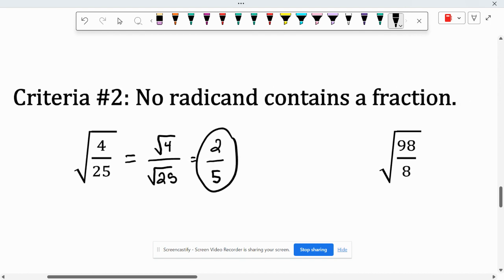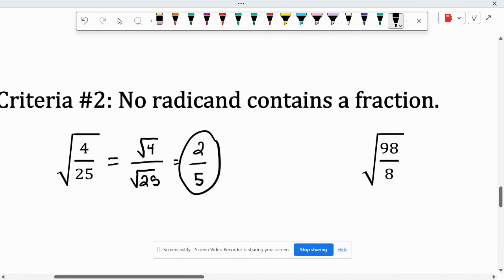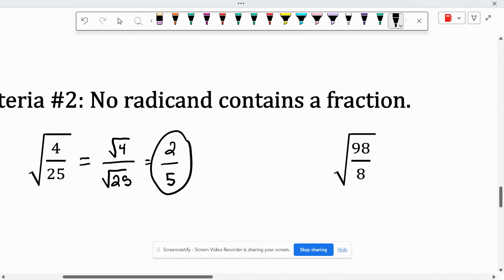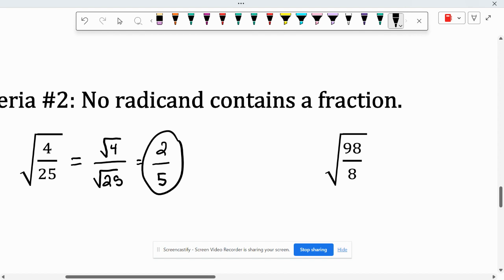The other thing that you can actually think of is you can try to reduce inside the fraction. What do I mean by that? What is 98 divided by 8?